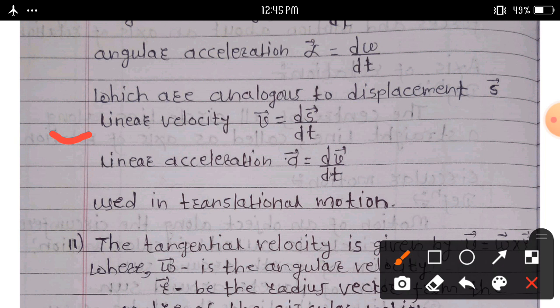The rate of change of displacement with respect to time is called linear velocity, and linear acceleration is denoted by a bar. The rate of change of linear velocity with respect to time is called linear acceleration. These two formulae are used in translational motion.